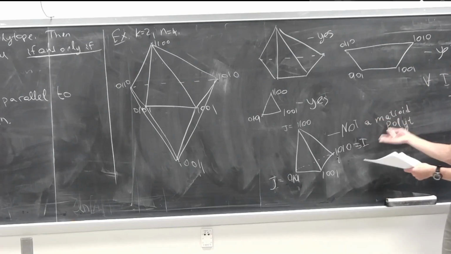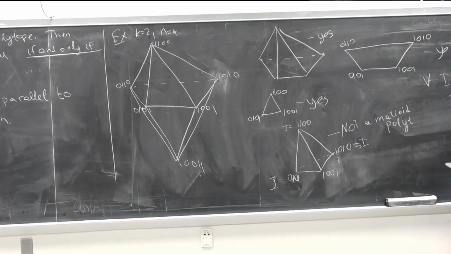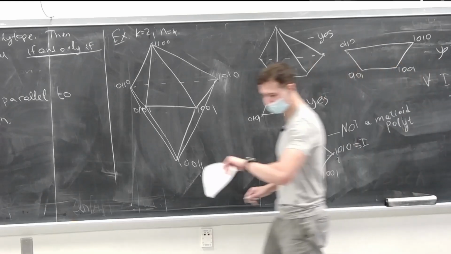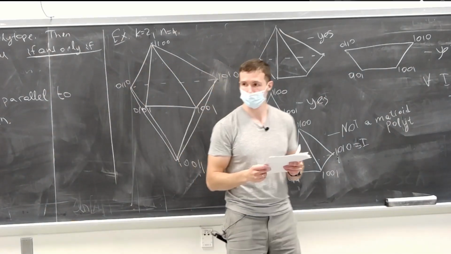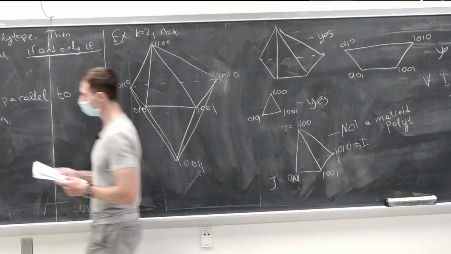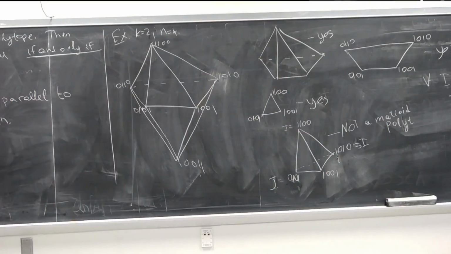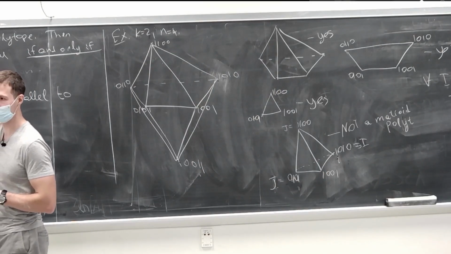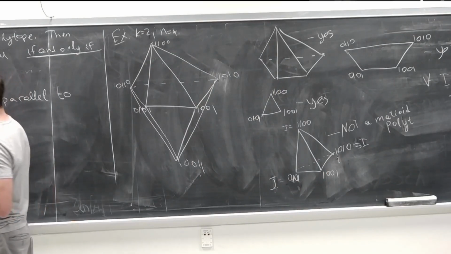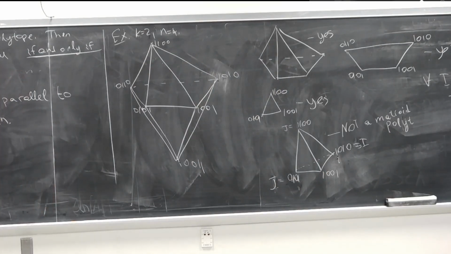But the whole purpose of this computation was to demonstrate just how satisfying the theorem actually is in terms of computations. So the permutahedron is not a Matroid polytope because it doesn't have vertices of this form. But there's a class of what are called generalized permutahedra.